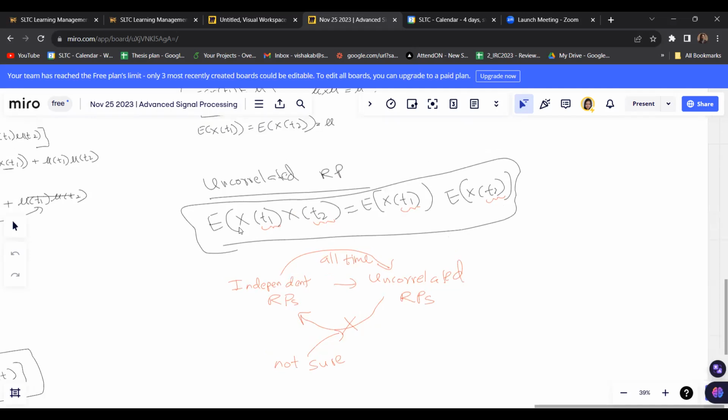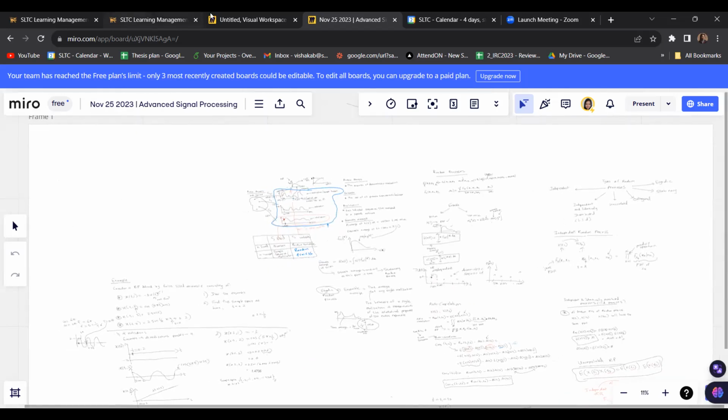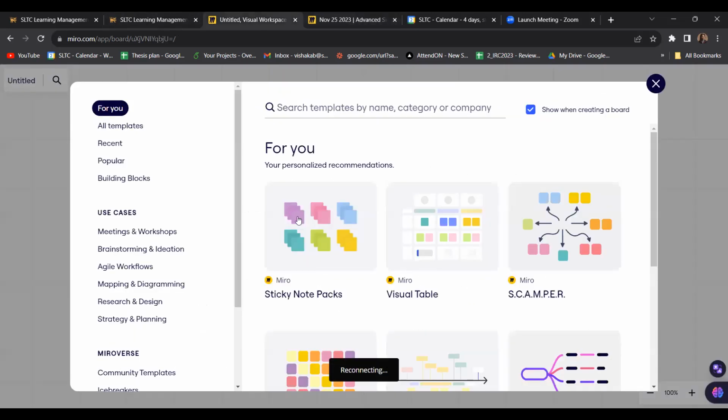There should be a bracket at the end; a bracket is missing. The expectation of the product X(t1) X(t2) equals the expectation of X(t1) times the expectation of X(t2). This expression is valid for uncorrelated random processes. I think we stopped at that point, and today we will continue from there.